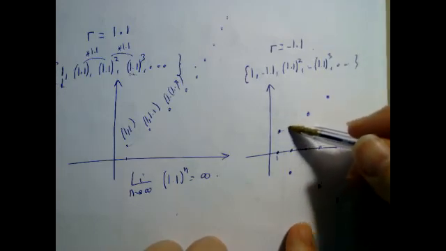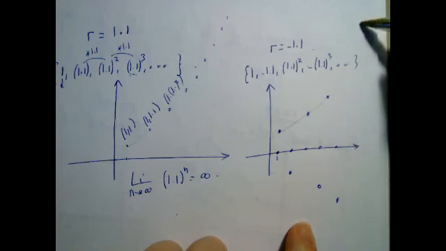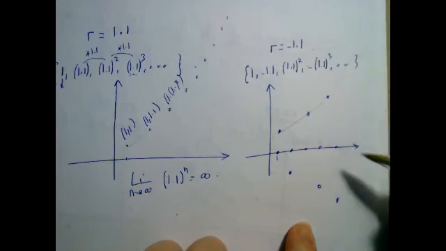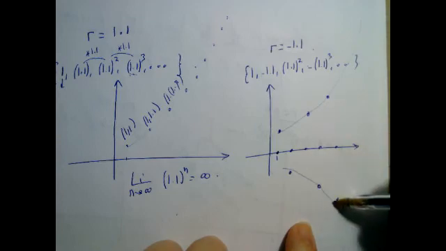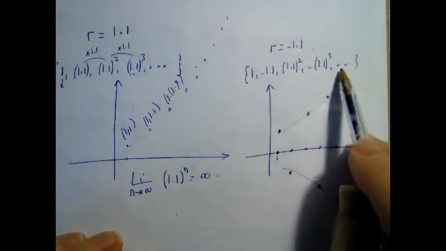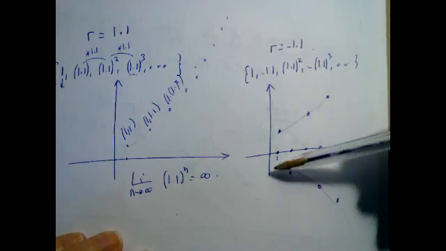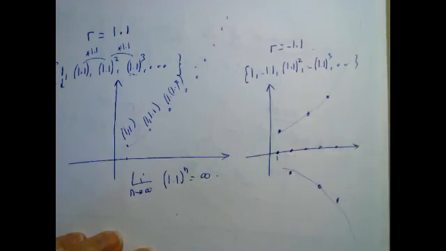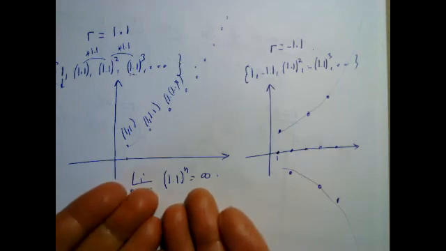So what's going to happen here? The positive terms are going to go to plus infinity. The negative terms are going to go to minus infinity. That's really what the picture is. So 1.1 squared, 1.1 cubed, those are going to go to plus infinity. The others will go to minus infinity. The sequence doesn't go to plus infinity.